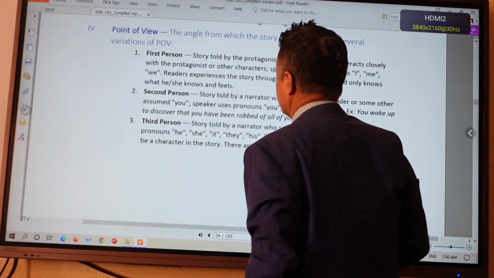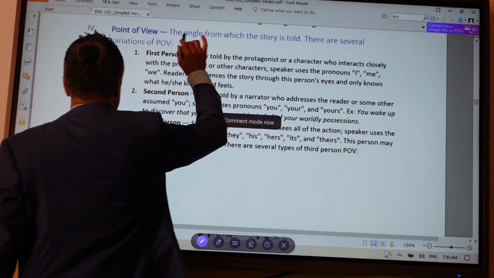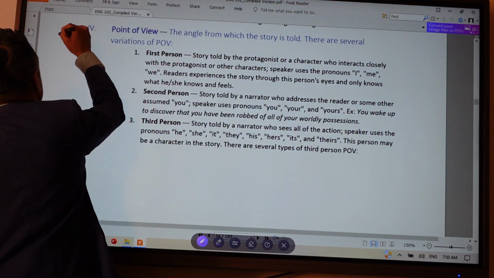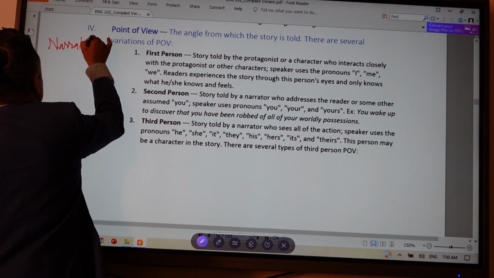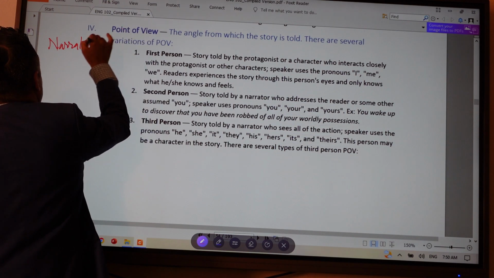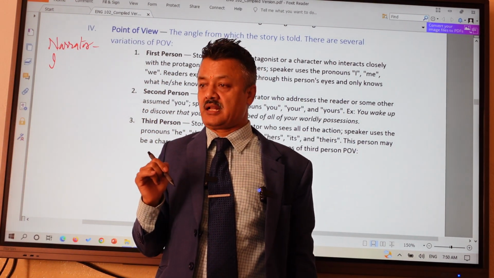Now, point of view. By point of view, I mean who is telling us the story. So you will see that the narrator in this story begins with I. There is an I telling his story.